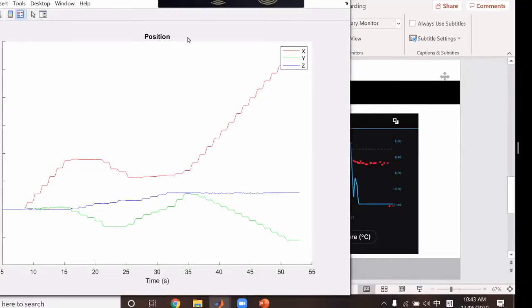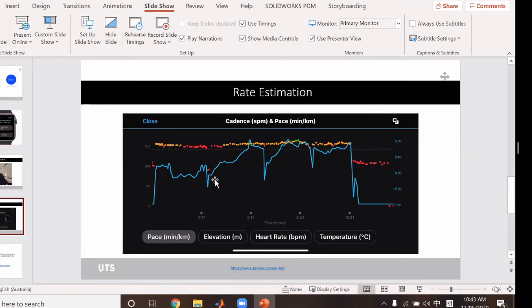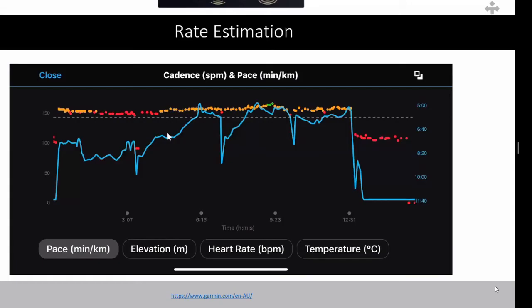Okay, thank you. For the rate estimation, I'll show you a very simple feature here. This is from a sports watch, and you can see the yellow points and the red points here.